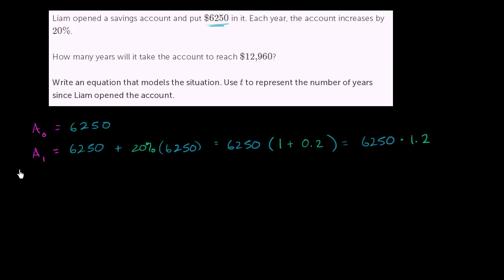Now, how much is he going to have at the end of 2 years? Well, he's going to have the same amount that he had at the end of 1 year times 1.2, because it grew by 20% again.